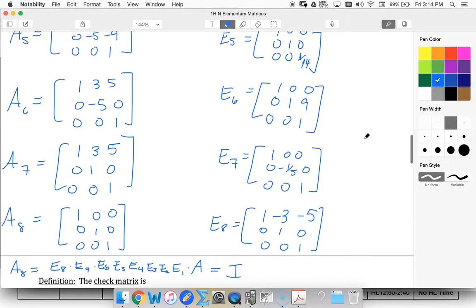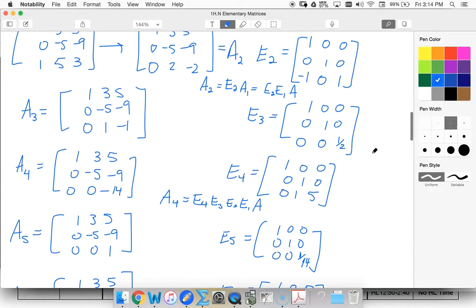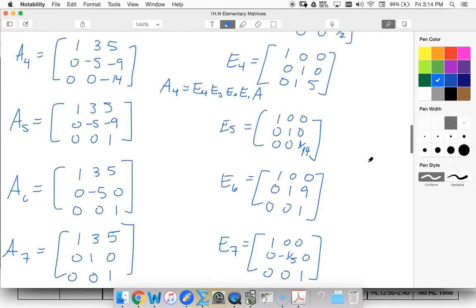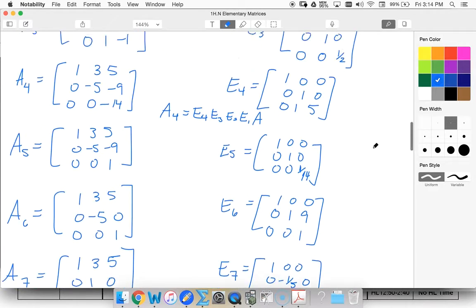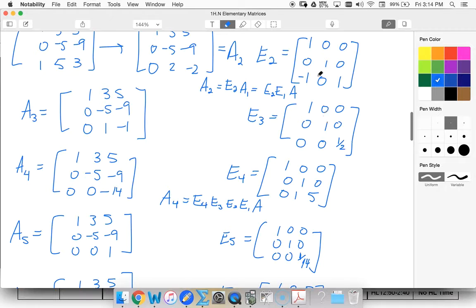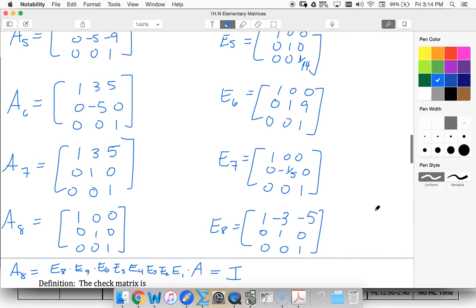If we take all these elementary matrices and multiply them together, what we're going to end up with is the inverse. So we have found the inverse without needing a formula for the inverse. Of course, we have to perform all of these multiplications, but if we keep track of them as we go along, it's not too bad. And then we have our inverse matrix. We're going to talk about that some more in the upcoming video.